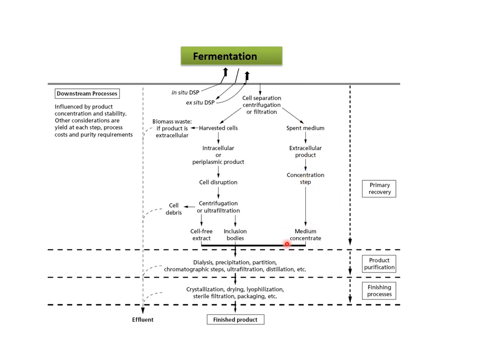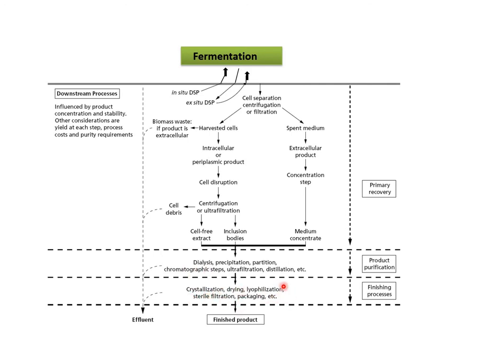Then this medium concentrate is processed for purification by dialysis, precipitation, partition, chromatographic steps, ultrafiltration, and even distillation, extraction, etc. Then after the purification comes crystallization, drying, lyophilization, sterile filtration, and packaging.